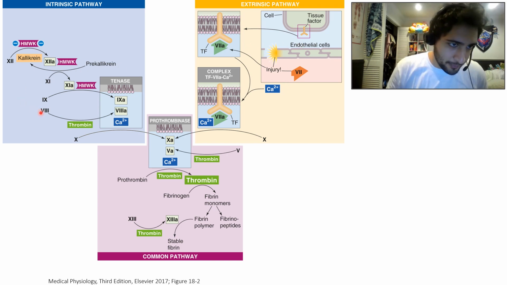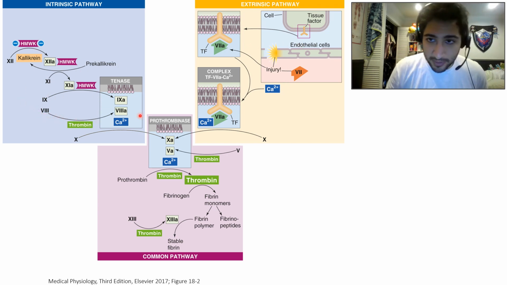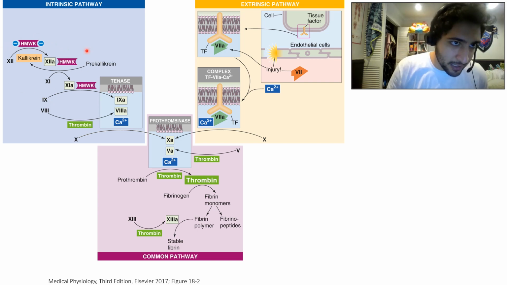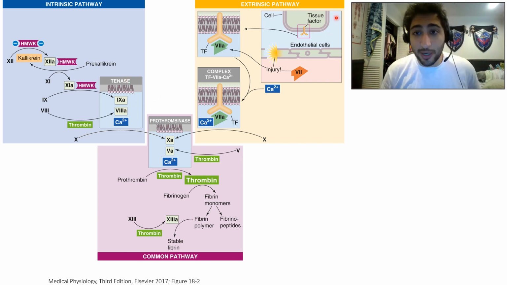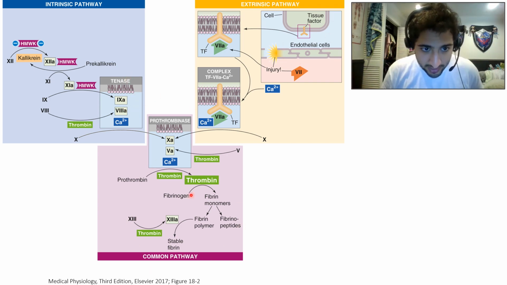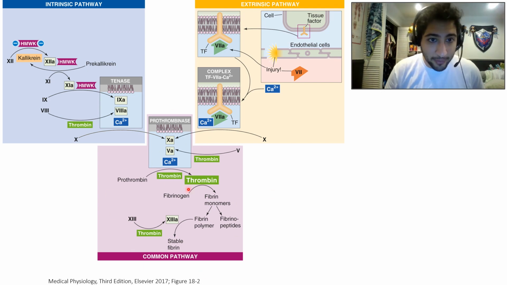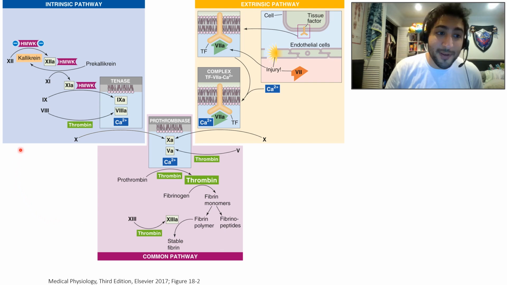The other important part that goes hand in hand with what we're talking about is not necessarily this part of the intrinsic pathway. What I want to draw your attention to is 8 to 8A. Thrombin converts factor 8 to factor 8A. Just because we started with the extrinsic pathway and that led to the common pathway, that doesn't stop the common pathway from causing a forward feedback loop.